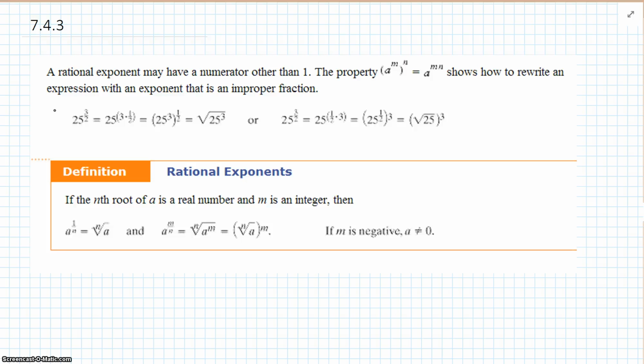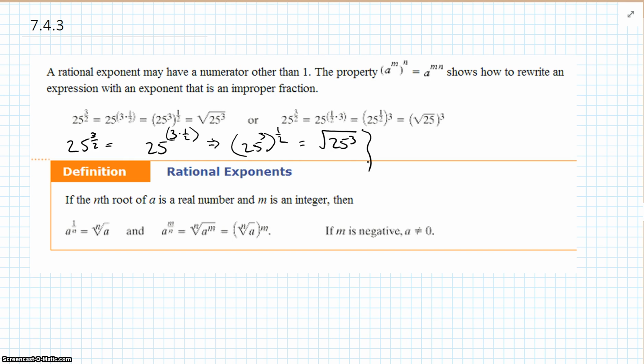So the example in the notes is 25 to the 3/2 power, which can be written as 25 to the 3 times 1/2 power, which can be written as 25 cubed to the 1/2 power, which can be written as the square root of 25 cubed.